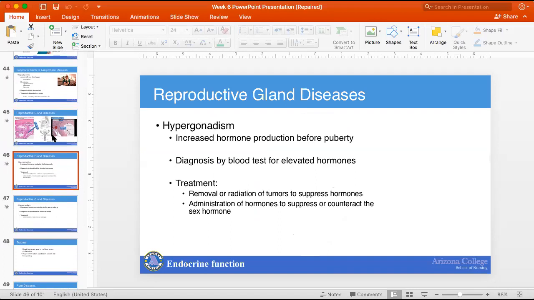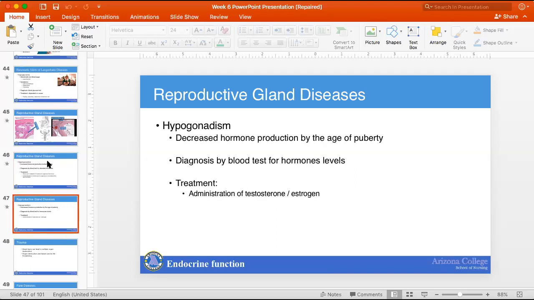So one, you will have hypergonadism, which is increased hormone production before puberty. Diagnosis by blood test for elevated hormones. Treatment will be removal or radiation of tumors to suppress the hormones, and administration of hormones to suppress or counteract the sex hormone.